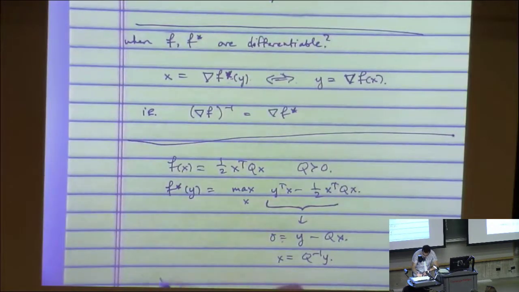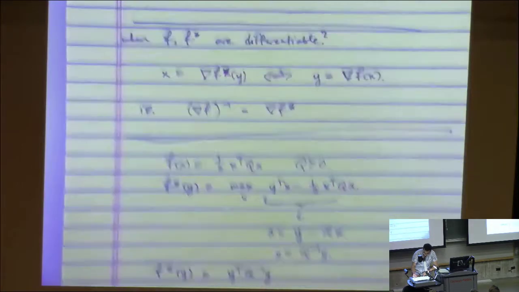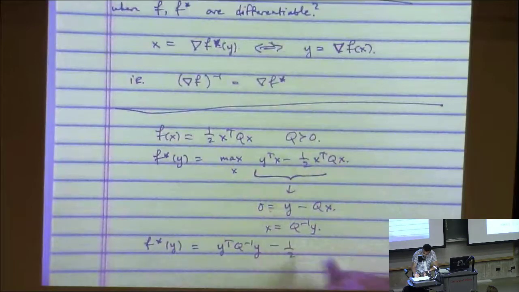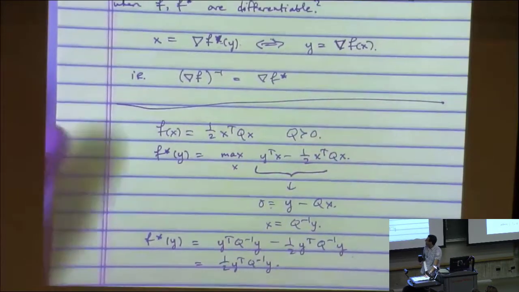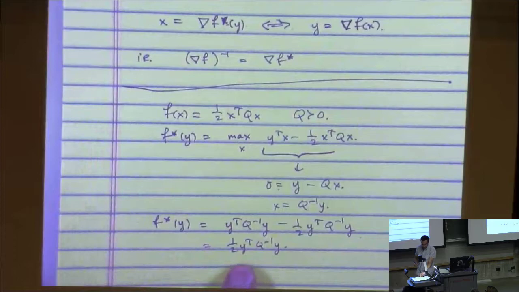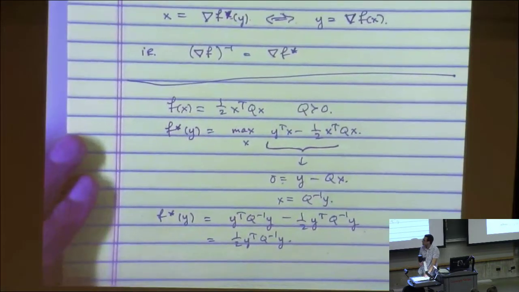If I plug that back in, I get y transpose Q inverse y minus 1/2 y transpose Q inverse y, which is just 1/2 y transpose Q inverse y. So the conjugate of a convex quadratic is exactly another convex quadratic where I've replaced Q with Q inverse. Hopefully that's an easy one to remember.